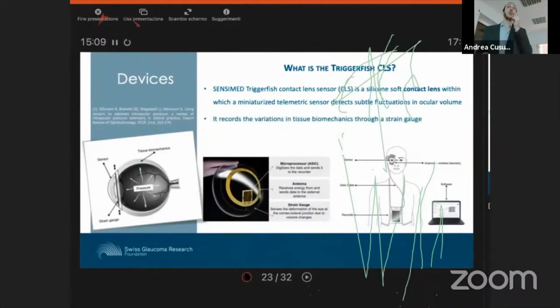It has what we call a strain gauge, a little ring around the edge of the eye that will measure subtle fluctuations in the ocular volume. And these subtle fluctuations actually reflect fluctuations in intraocular pressure. So it is worn for 24 hours, as I said earlier, and it does measure this fluctuation every 5 minutes for 30 seconds continuously.